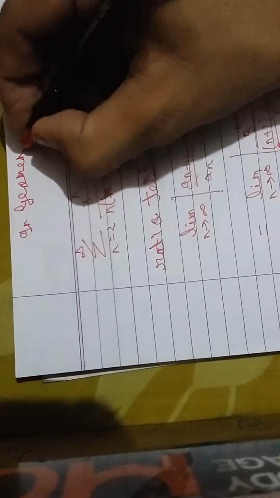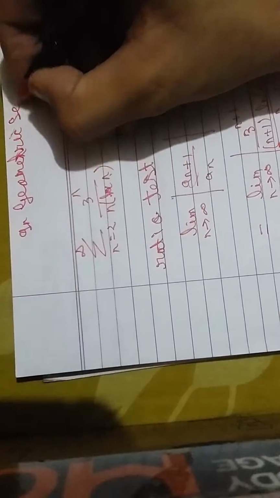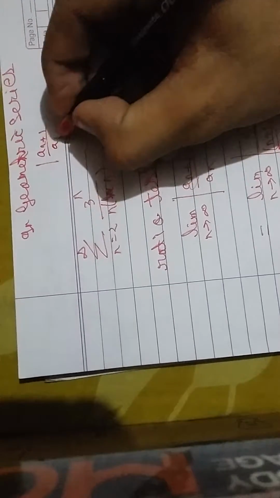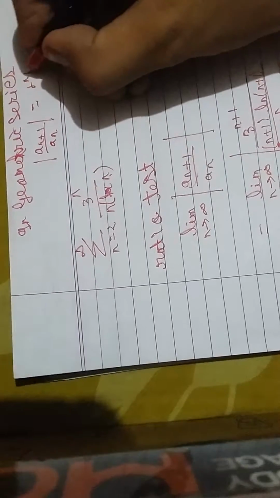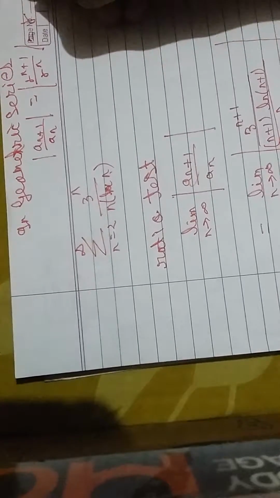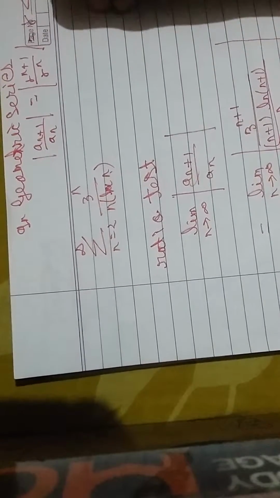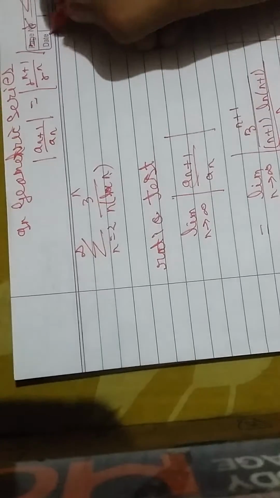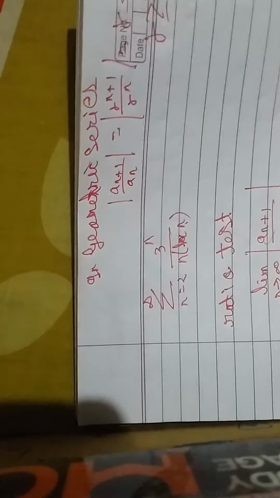In a geometric series, if a(n+1) upon an equals r^(n+1) by r^n, if the value of r is less than 1 then it converges, otherwise it diverges. It is a special case where the geometric series applies.